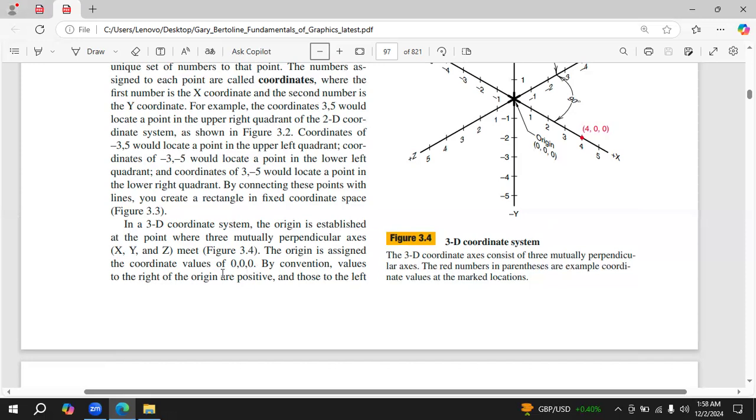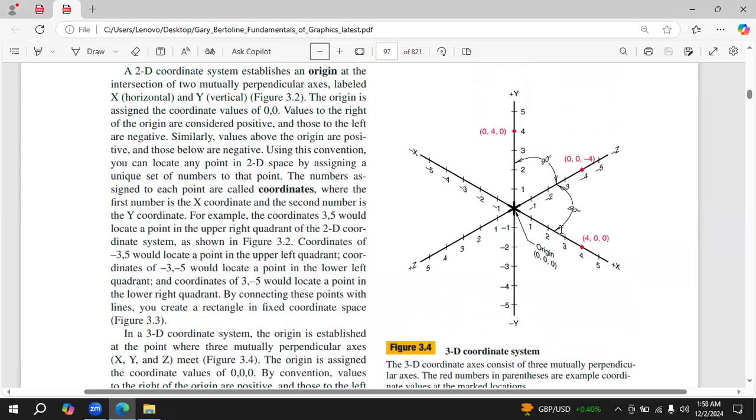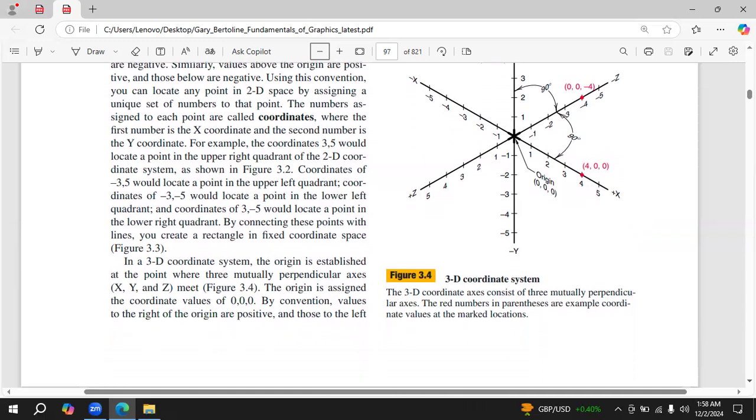By convention, values to the right of the origin are taken as positive, like this, towards upward are also taken as positive, whereas the axis coming out of your screen will be taken as positive, and the axis direction that is pointing away from your screen is taken as the negative z-axis.